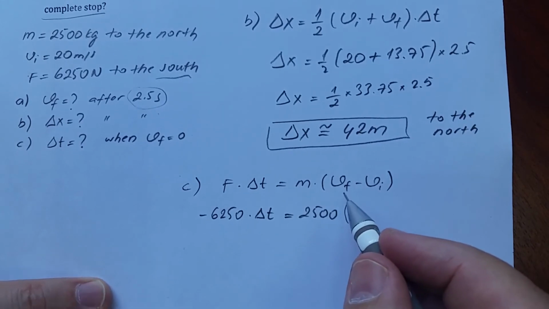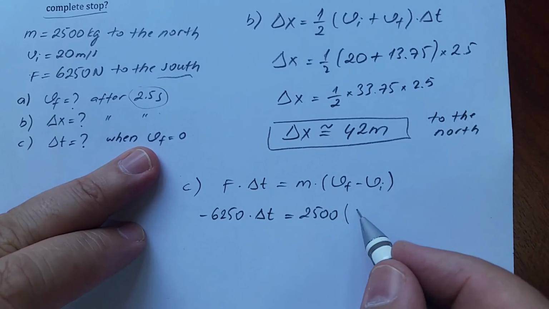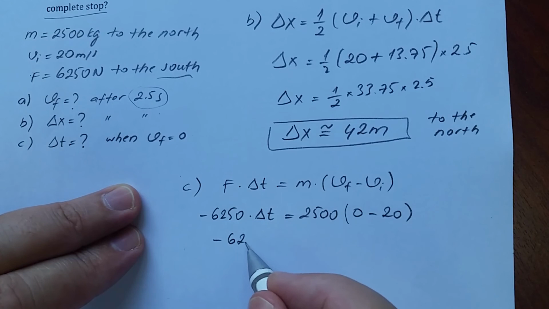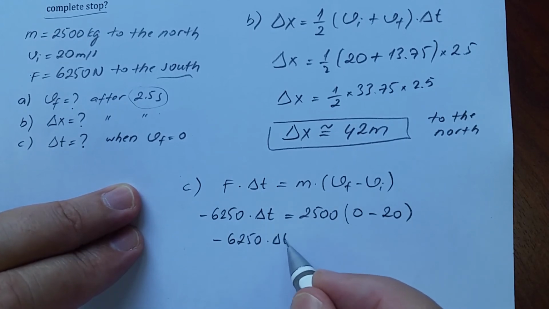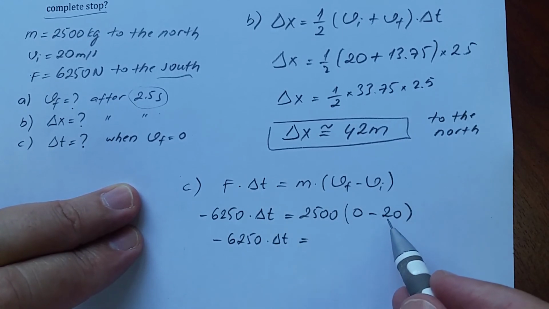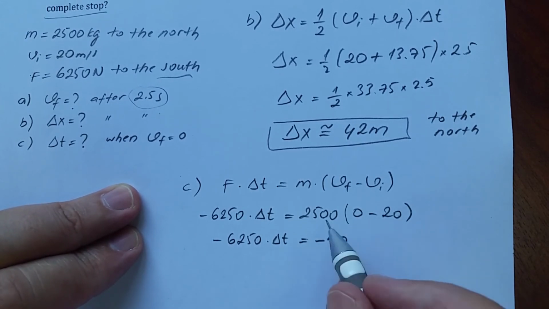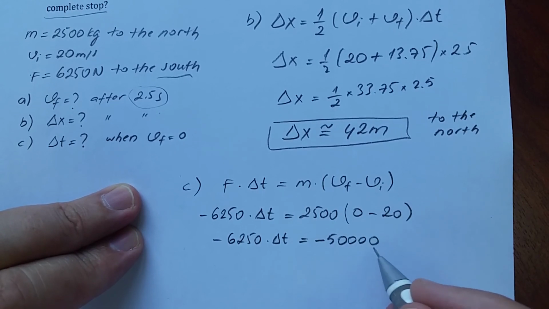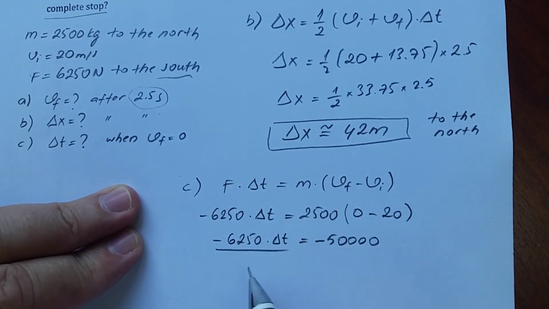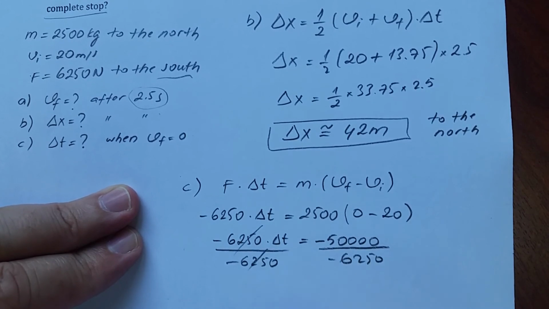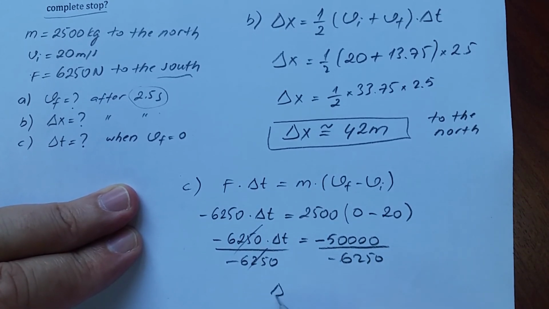When it comes to a complete stop, final will be 0, so 0 minus 20. Minus 6,250 multiply delta t is equal to, if you multiply minus 2 by 25, it will be minus 50, and there are 3 zeros, so 50,000. If you divide each side by 6,250, they will cancel each other, and delta t will be 8 seconds.